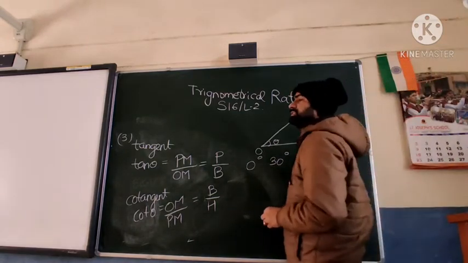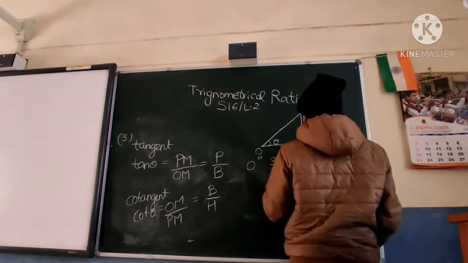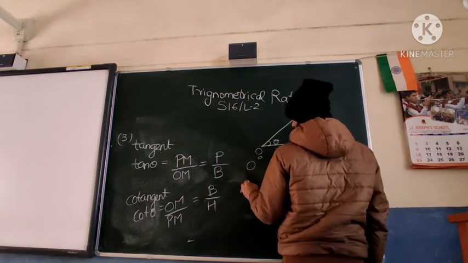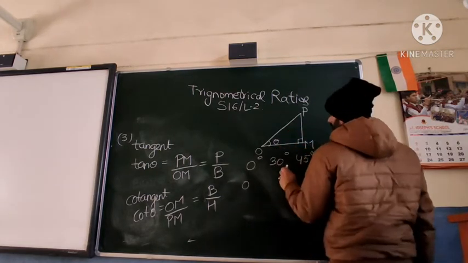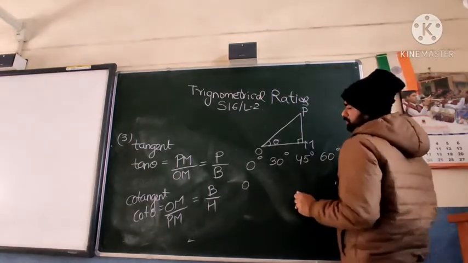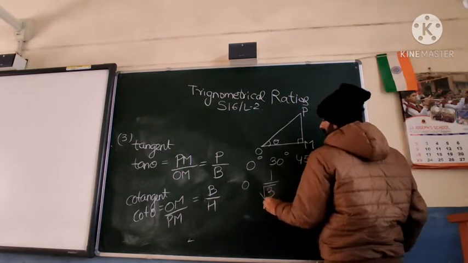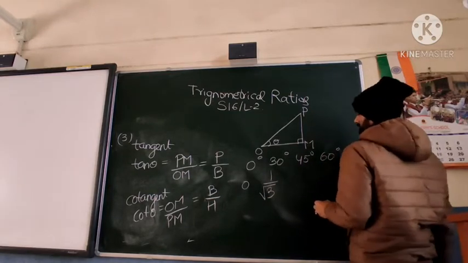Now, tan 0 is 0 upon 4 minus 0, so tan 0 is 0. Tan 30 is 1 upon 4 minus 1, that is 1 by root 3.